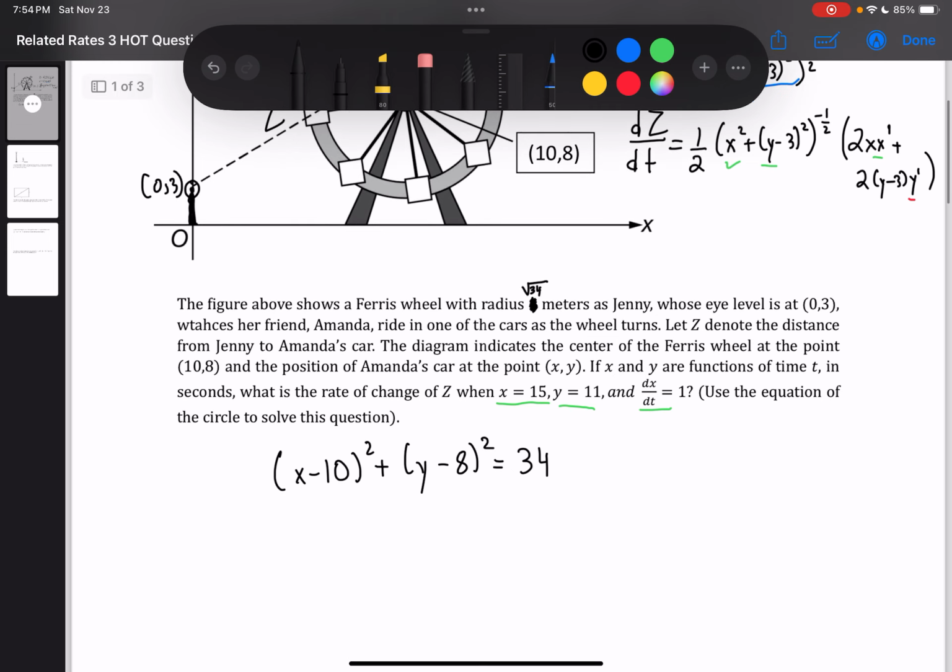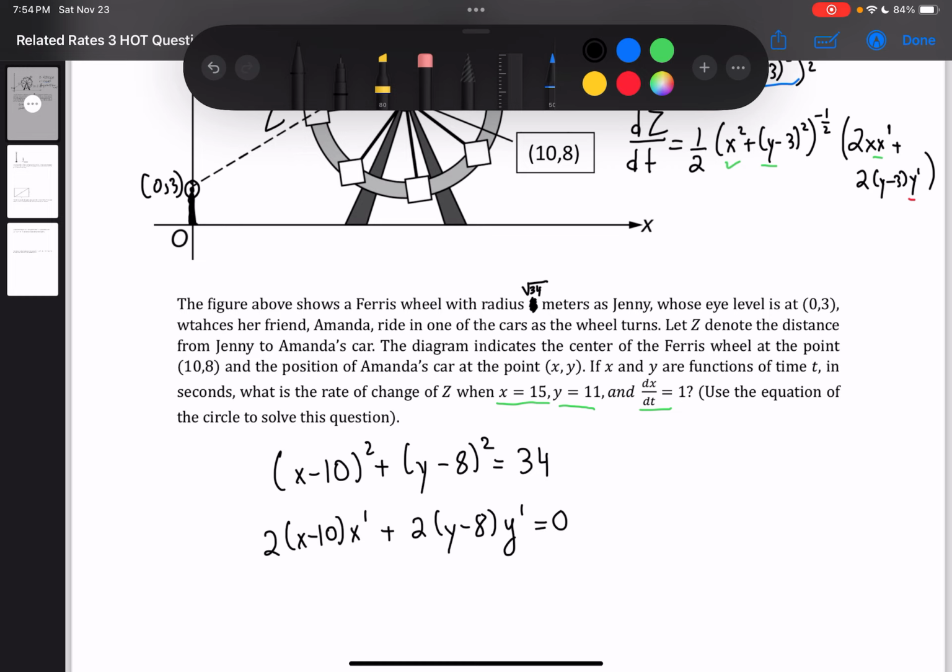Deriving this equation, you're going to get 2(x minus 10) x prime plus 2(y minus 8) y prime equals 0. I guess it's a little bit late to tell you right now, but x prime and y prime are basically dx over dt and dy over dt, but I believe you know it by now.